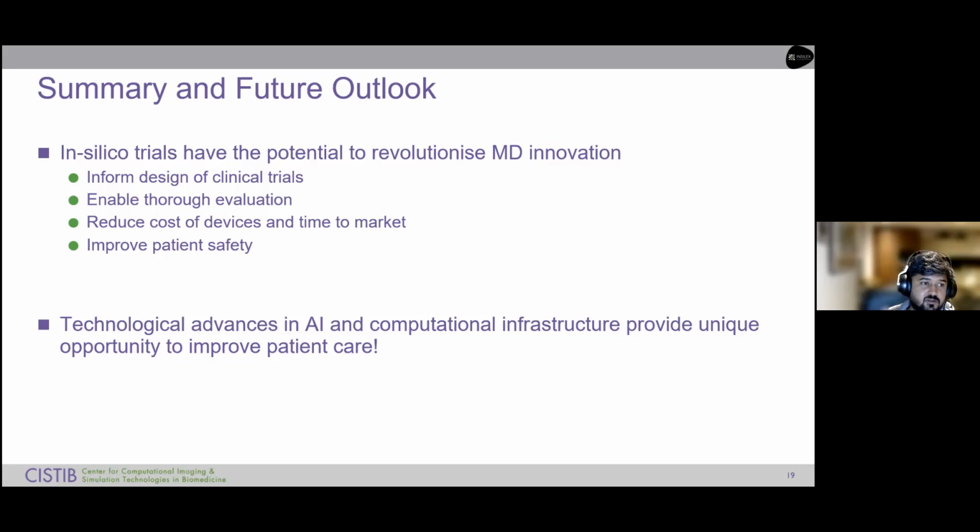And we are at a crossroads right now where these technological advancements have provided us with a unique opportunity that we've never had before to improve patient care, not just in terms of preventive care, but in terms of the types of treatments that are available to them and the timeliness of those treatments being available to them.